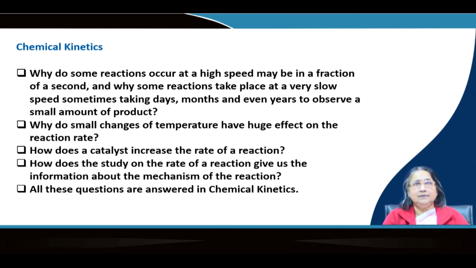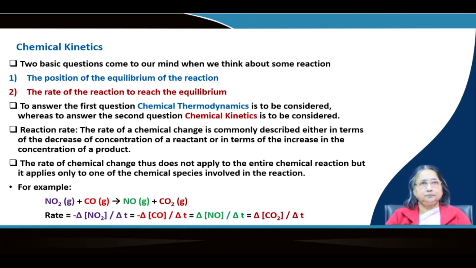So, catalyst is very important to make a reaction very fast. How does the study of the rate of a reaction give us information about the mechanism of the reaction? All these questions are answered in chemical kinetics. So, these are the scopes of chemical kinetics.